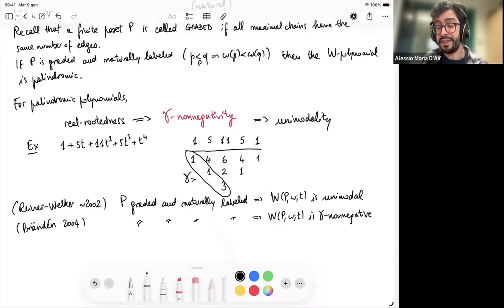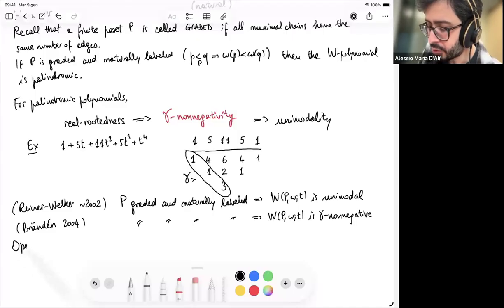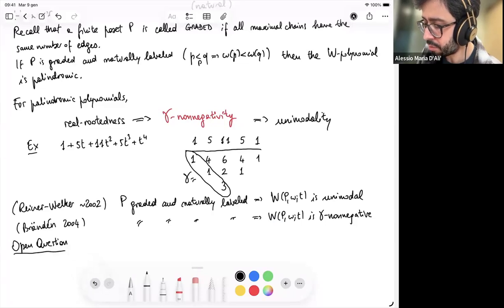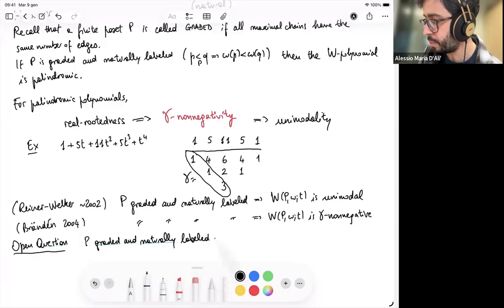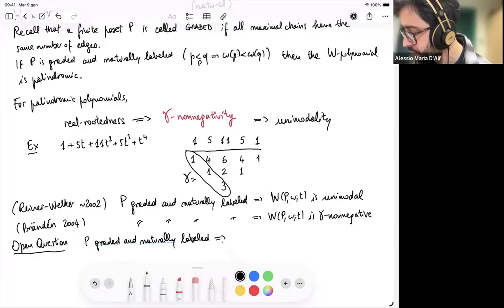And I know what you're thinking, well, could it be real-rooted? After all, the examples I showed you before were not graded in our sense. And to the best of my knowledge, this is still open. If P is graded and naturally labeled, I don't think it's known, or at least I didn't find it in the literature, and other people confirmed this to me.